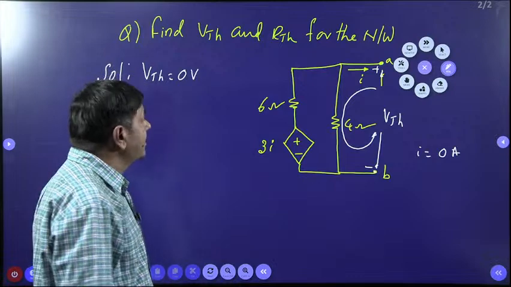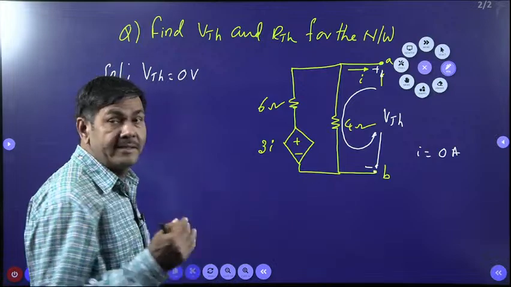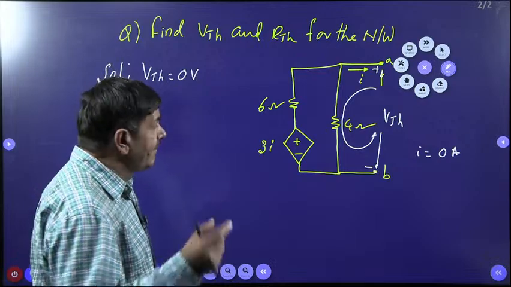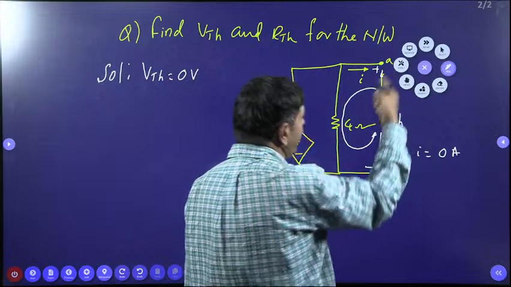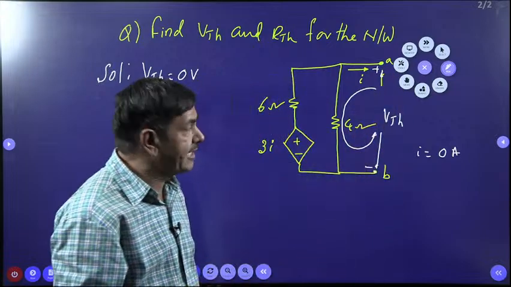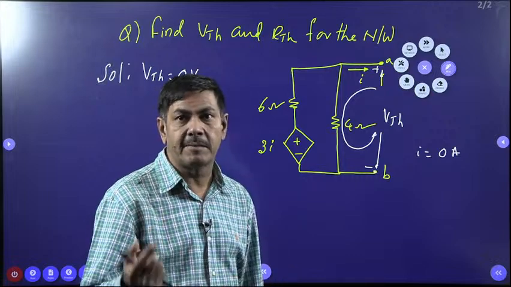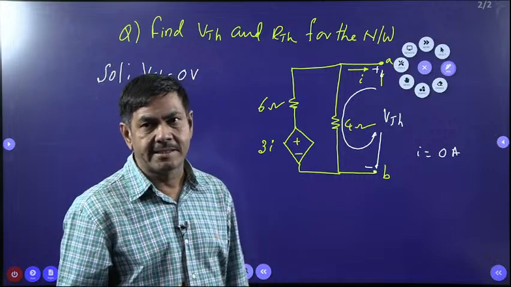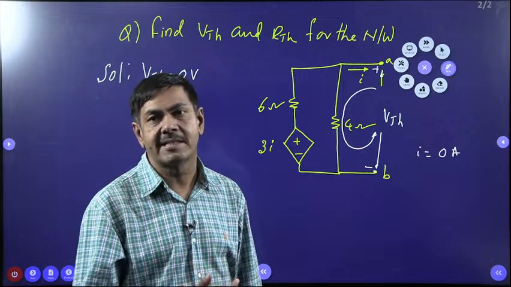And what about RTH? RTH we can get by different techniques. By connecting a voltage source or a current source across AB, we can determine the RTH. Otherwise, we can find it using VTH by ISC also.